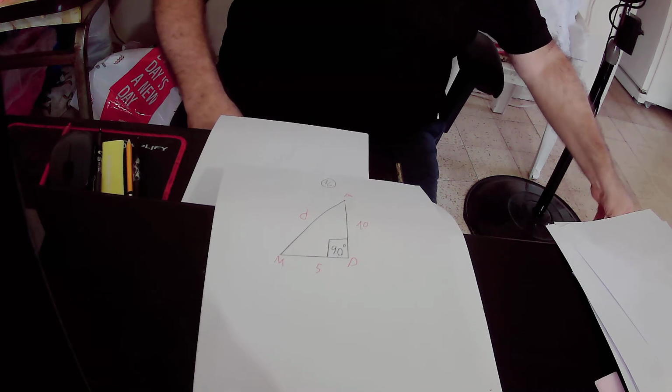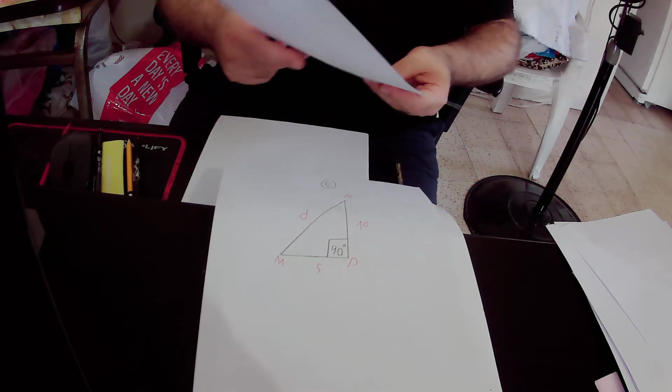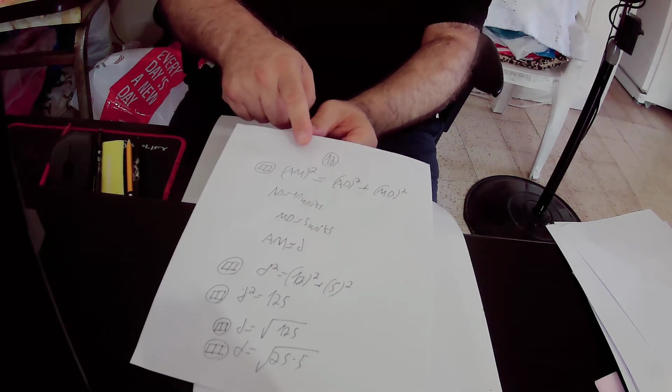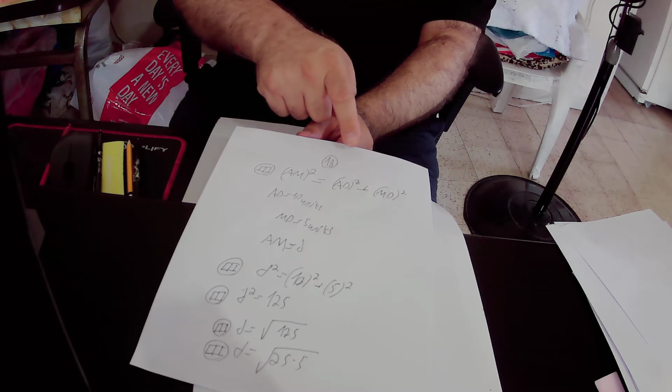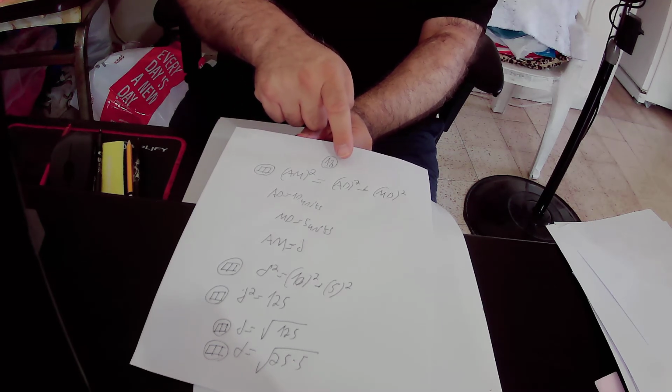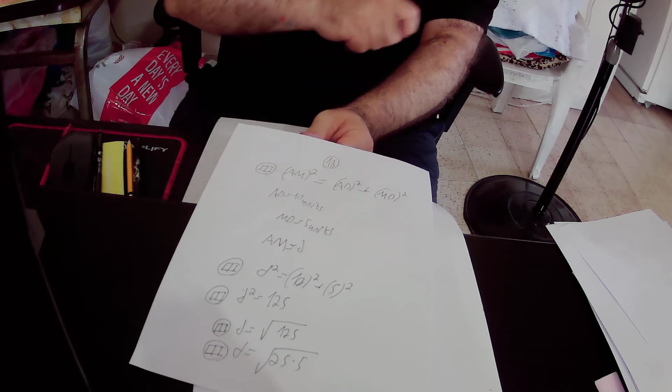So our equation is that the square of the hypotenuse, AM square, equals the sum of the squares of the perpendiculars, AD square plus MD square.